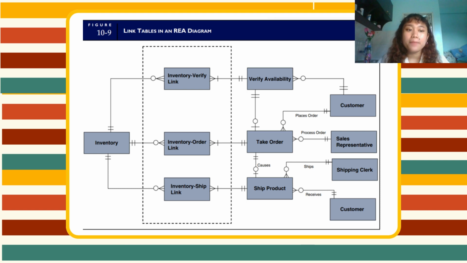During actual database design and implementation, these link tables are created by the database professionals as they are crucial for functionality. In short, for reporting and conceptual understanding, we don't need to clutter the REA diagram with link tables. We can rely on the implied many-to-many relationship.